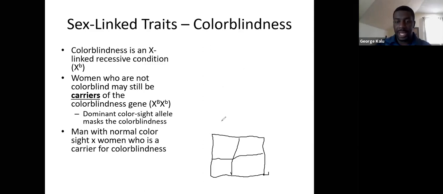Right, it would be X big B Y. And then the female who is a carrier for color blindness, what would her genotype be? X big B, X little b, right.